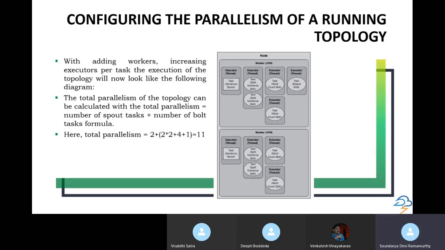But suppose the topology is not about word count, but about calculating the distinct words and the count associated with each word. Then we need to be a little more conscious about how the streams flow from the second executor to the third executor, because we have to ensure that for a word, for example A, all the A's in the document from the second bolt go to the same task in the third executor. So we have to pay attention to how the streams go from one bolt to the next.